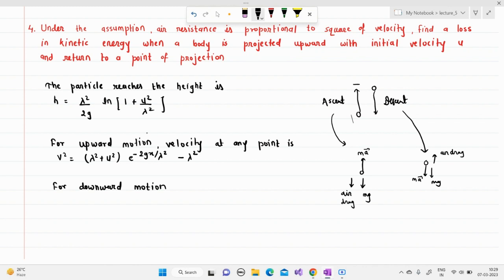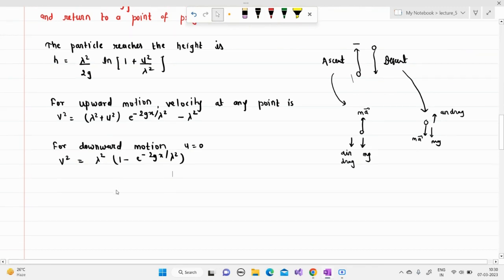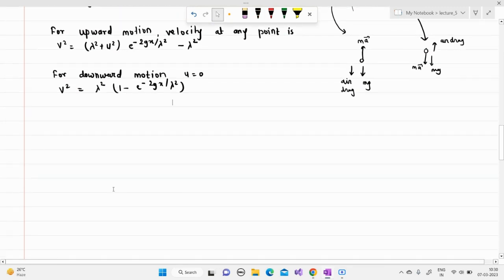So for downward motion, initial velocity will become 0, that means u will become 0, and we get v square equal to, the sign of all these terms, we just have to multiply by minus sign. So it will come like lambda square into 1 minus e to the power minus 2gx by lambda square. Okay, all fine. So this is the velocity.